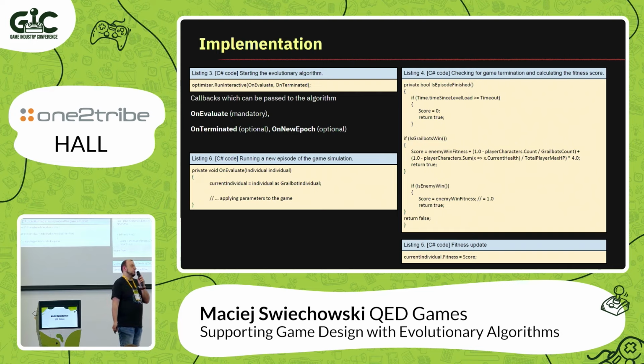And the fitness function usually looks like this, where we calculate scores. Here, like I said, we want the Grailbots to win, but with a small margin. So I think it's not too much code.